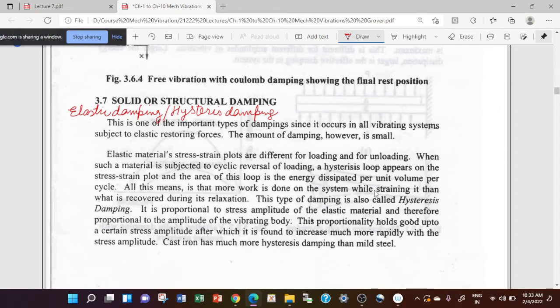This damping occurs in the system because of internal friction of the molecules of the materials.